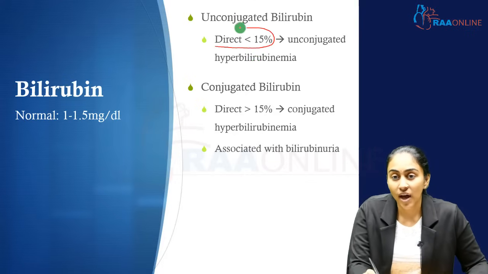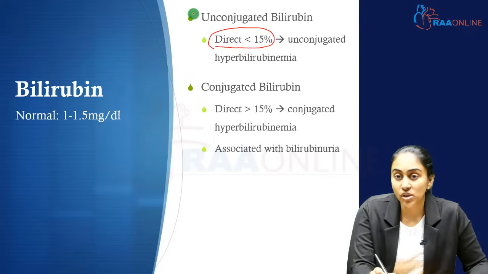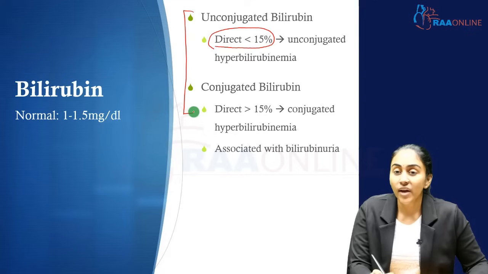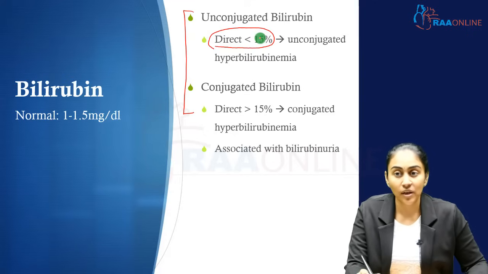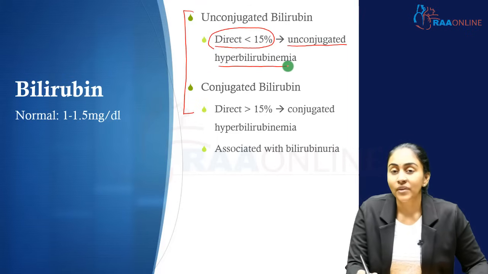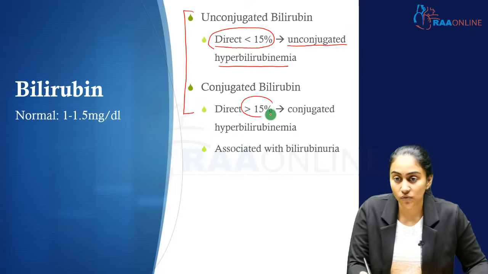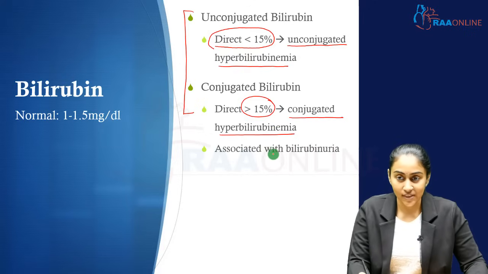If your direct fraction is less than 15% of the total bilirubin in patients with hyperbilirubinemia, you are looking at indirect or unconjugated hyperbilirubinemia. On the contrary, if the direct fraction makes up more than 15% of the total bilirubin, you are looking at conjugated or direct hyperbilirubinemia.